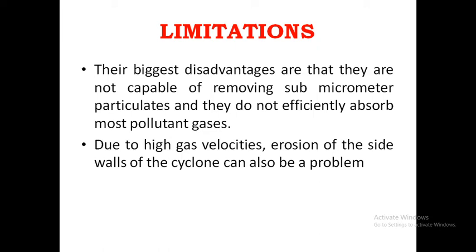Are you clear? Due to high velocity, erosion of the side wall of the cyclone can also be a problem. What about the gas velocity in this device? 60 to 180 meters per second, so erosion is possible. This is also one of the problems. So these are the disadvantages or drawbacks of this device.